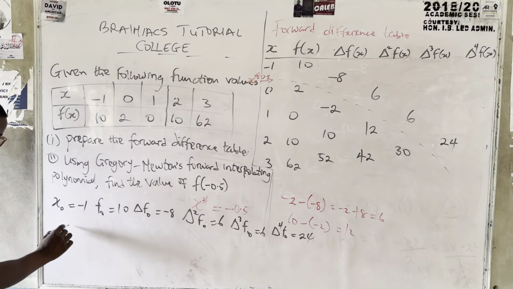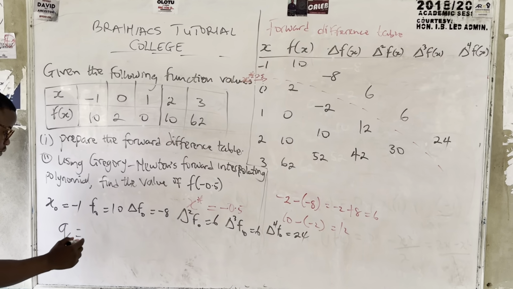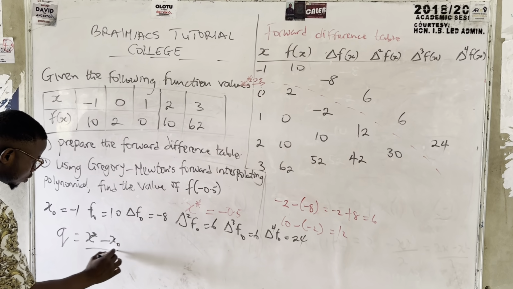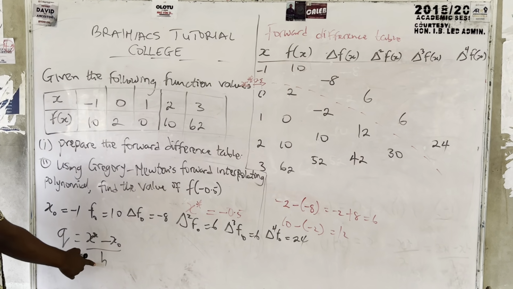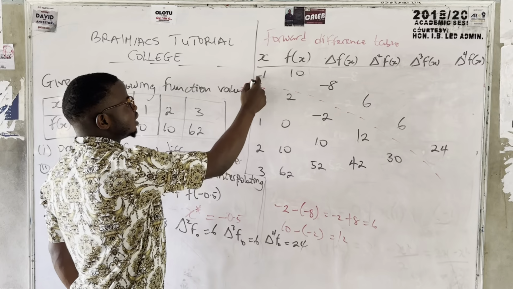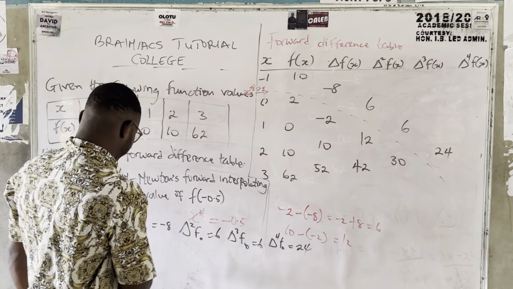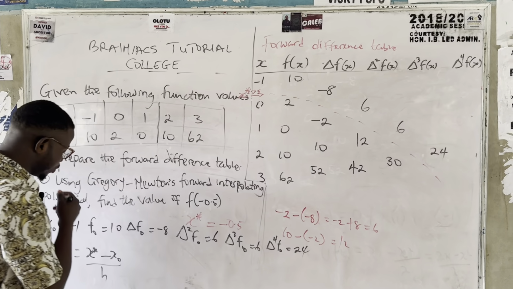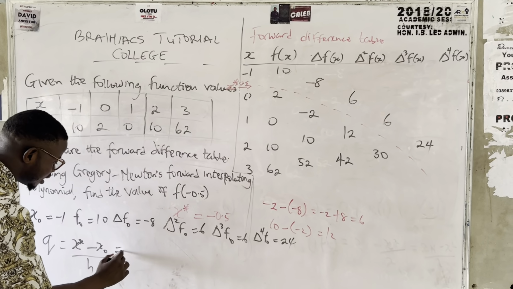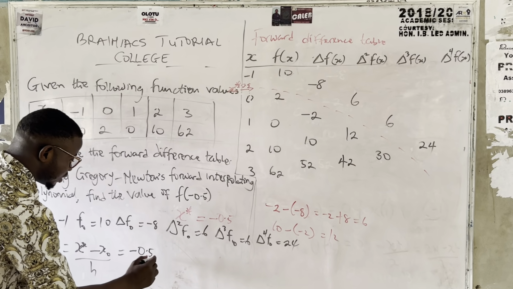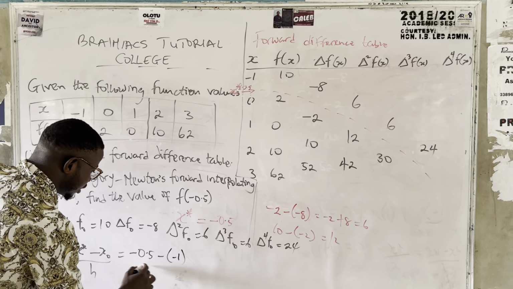And the next thing that we have here is we need to calculate the value of Q, which is S asterisk minus X naught over H. This H is called the mesh point, which is the distance between this and this. So from here, the value of X asterisk, that's minus 0.5, and the value of X naught, that's negative 1.